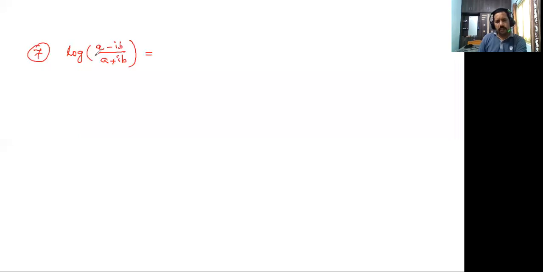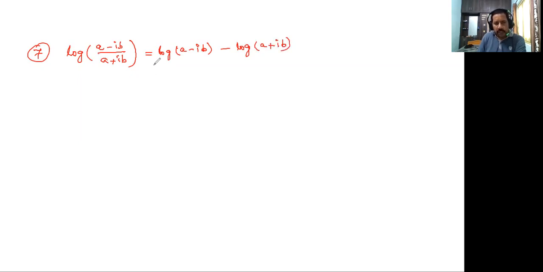How to do this? This is in the form of log x divided by y. What is the formula for log x by y? Log a by b is log a minus log b. So log (a minus ib) minus log (a plus ib).